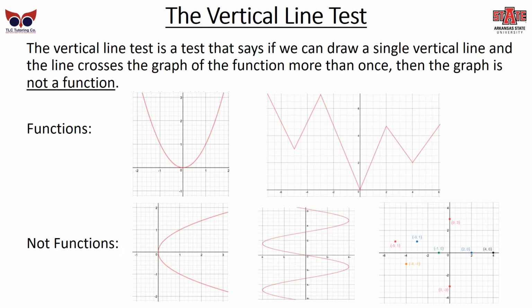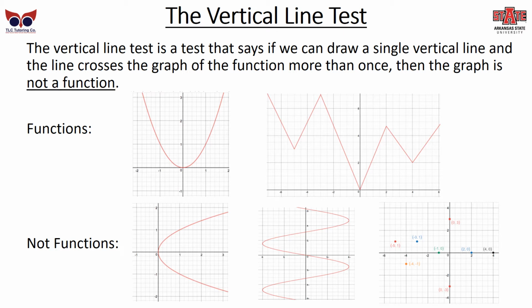Now, the big thing we can use with functions is, as we said, functions have to have one input to one output. So there's a thing called the vertical line test. If you can draw a vertical line on a graph and strike the graph more than once, then it's not a function. So you have a parabola, you have an up and down line graph.